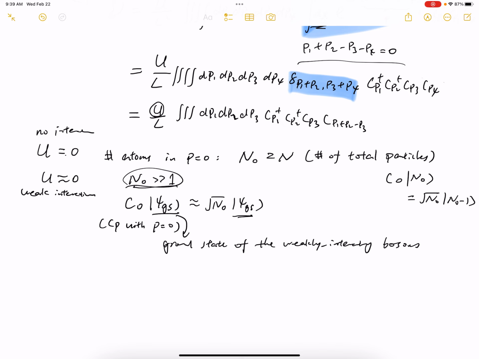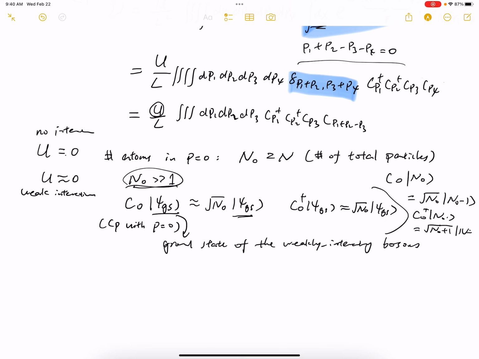Okay, so this is going to be true, and at the same time, for C0 dagger, we just take the Hermitian conjugate of this equation, so we can also approximate that by square root of n0 times the ground state itself. And this again is an approximation, because usually C0 dagger acting on a Fock state is going to give you a square root of n0 plus 1 times the state with n0 plus 1.